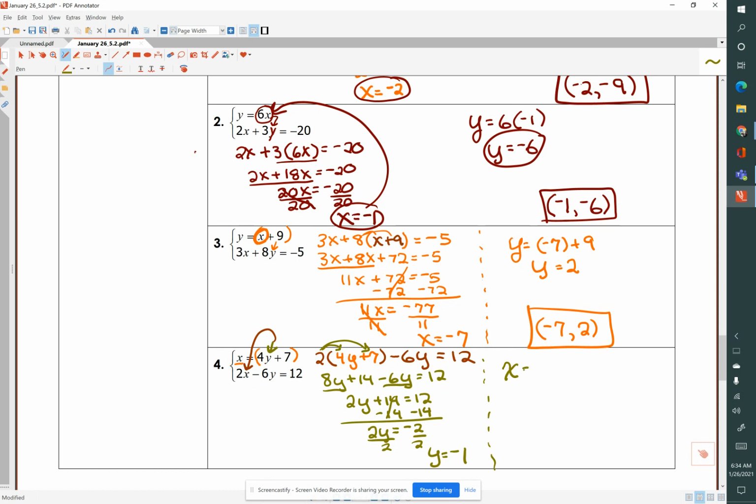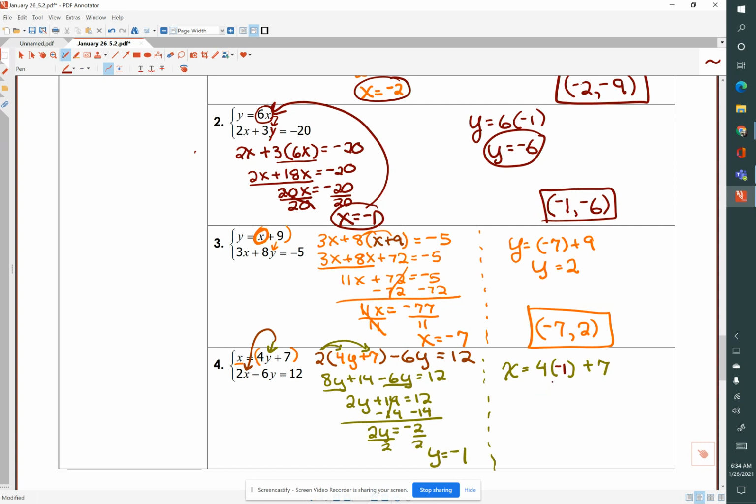So x equals 4, and I'll make the substitution. And I'll put negative 1, okay? So that was my substitution. I substituted negative 1 for y in the first equation.